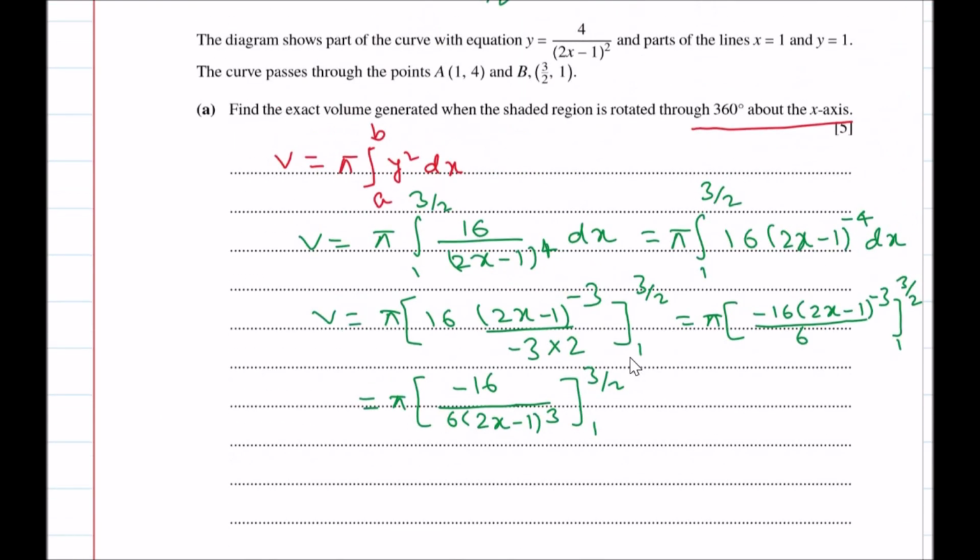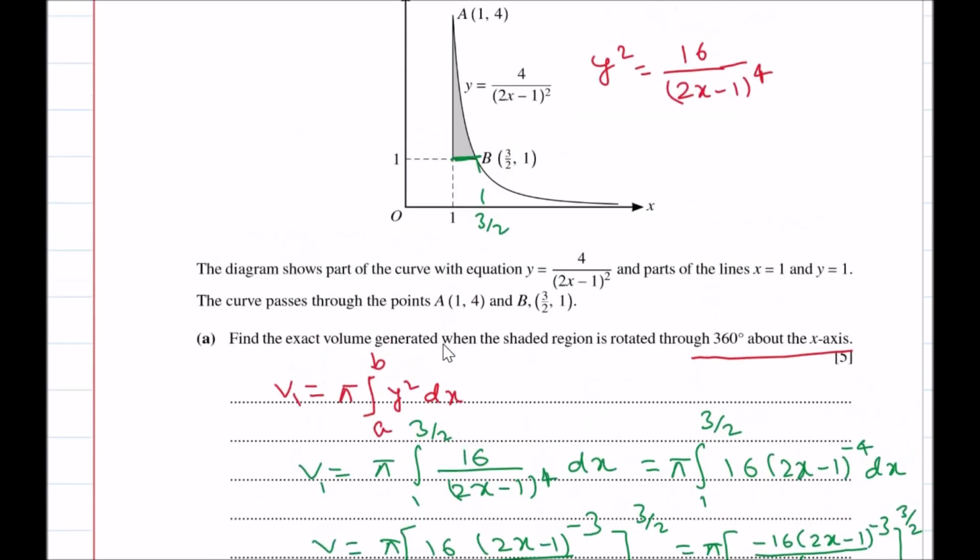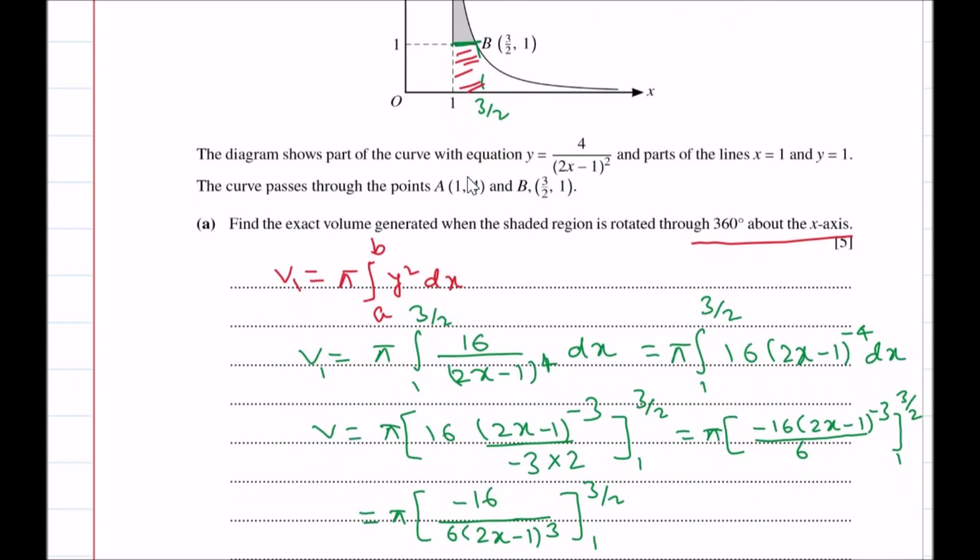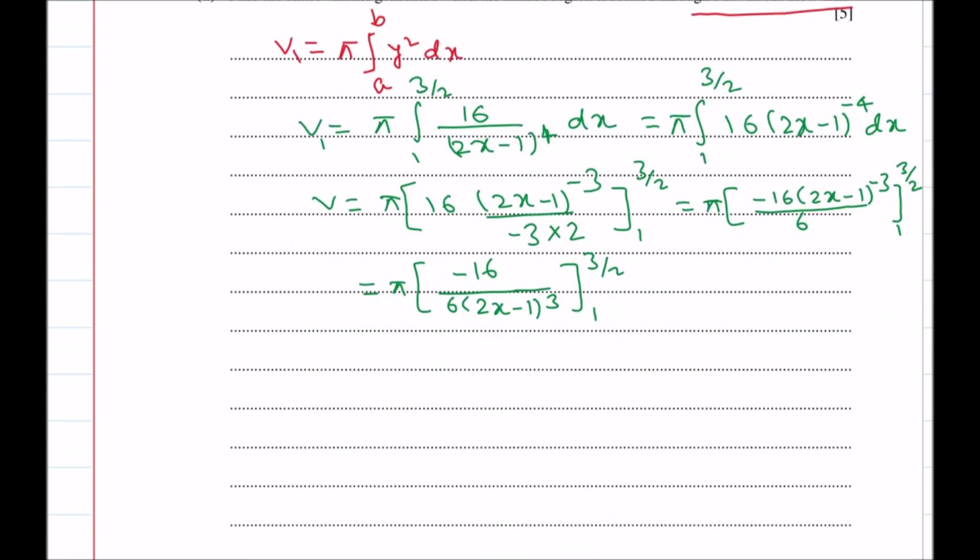This is actually V1, which includes the hollow part also, this empty space. This is not shaded. So we need to find the volume for this part also, which is empty and would be a cylinder, and subtract it from this V1. So let us first calculate V1.